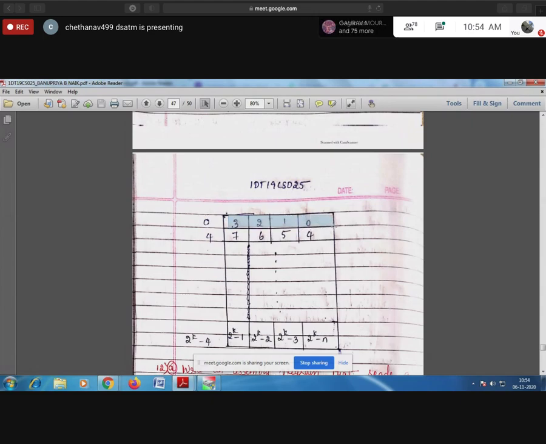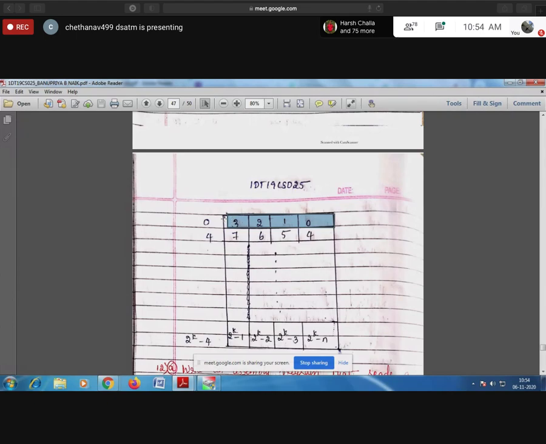So 4 bytes, or 4 locations, you can use to store one complete word of data. That means one word is equal to 4 into 8, which is 32 bits of data. 32 bits is equal to one word, or one word is equal to 4 bytes. Then your system is a 32-bit system.